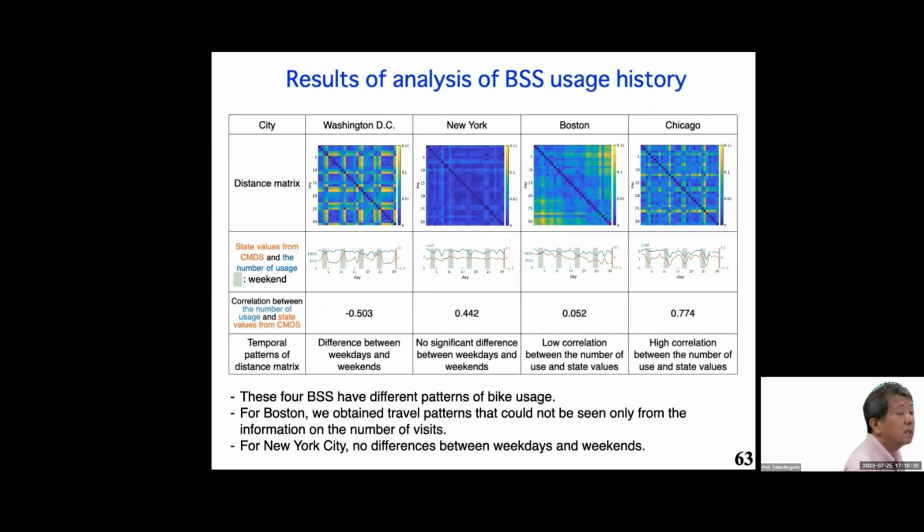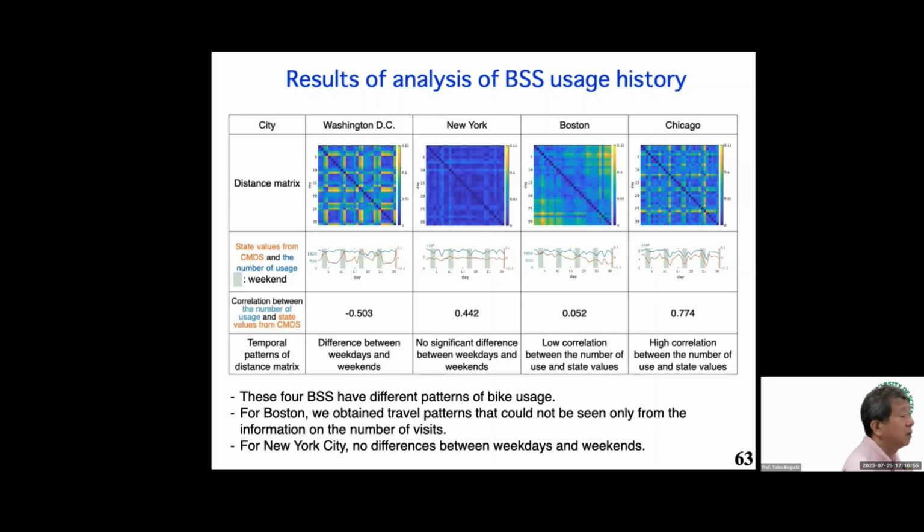We can see that these results also differ from city to city. In Washington, DC, there is a difference between weekdays and weekends, while in New York, the variation of the time series is almost flat, and no difference can be seen between weekdays and weekends.